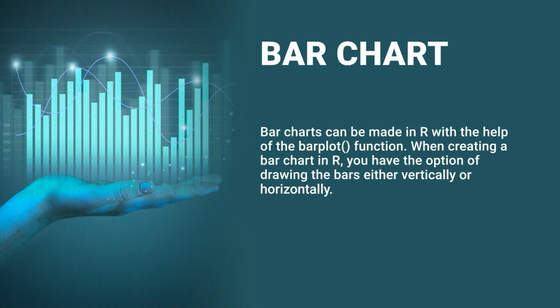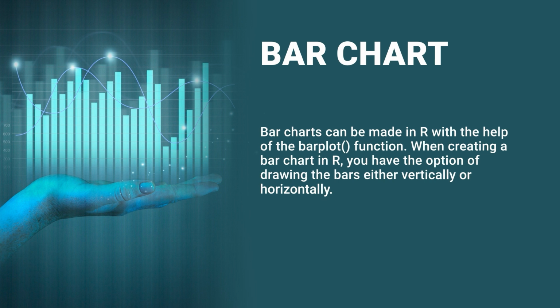dependent upon the data. So again, to use the bar chart, it's very easy, you only use the name barplot. You just have to use the function name barplot, with round brackets. The round brackets are attached to it, and it's again a function, because the round brackets indicate that it's a function.